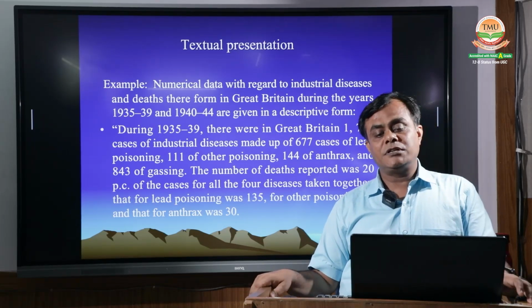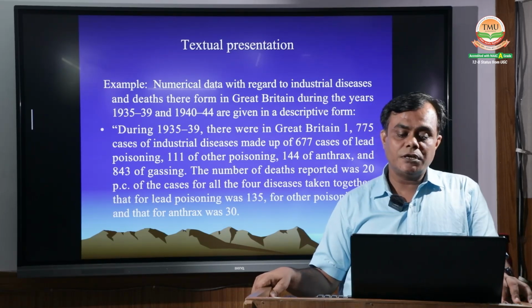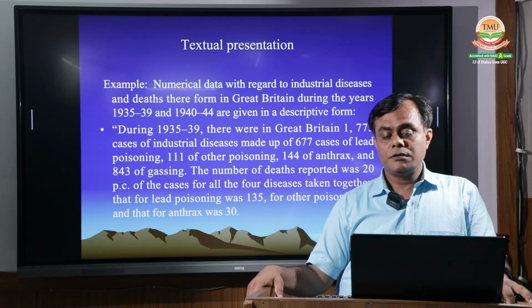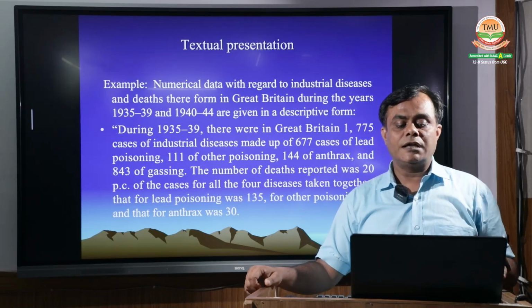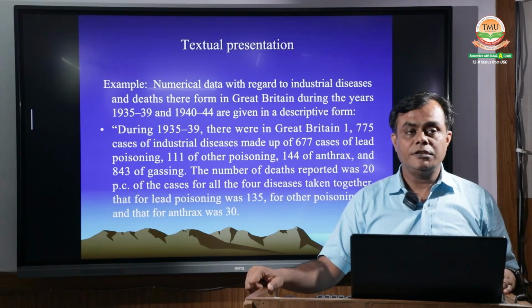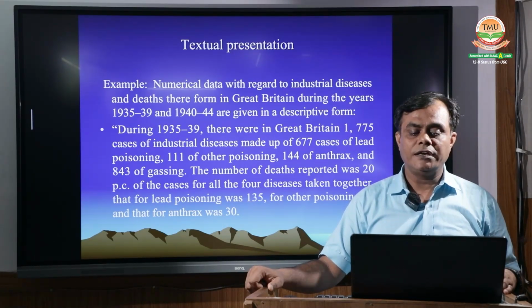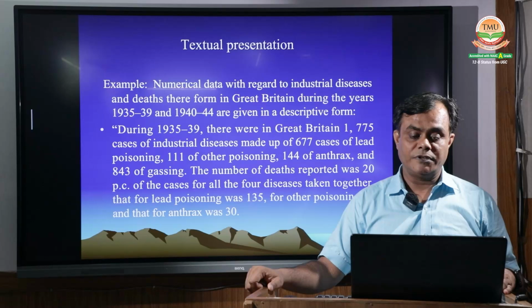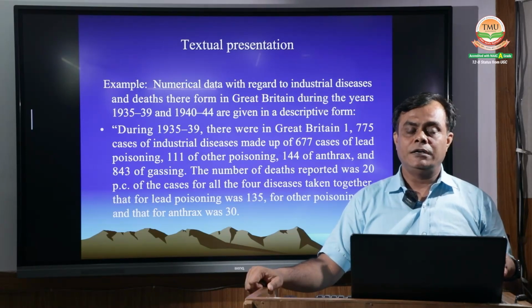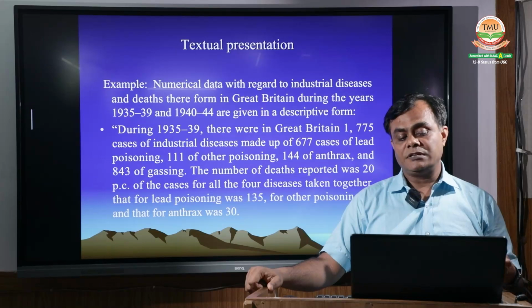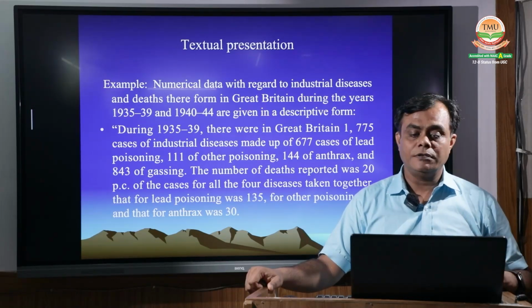For example, numerical data regarding industrial diseases and the deaths therefrom in Great Britain during the years 1935 to 39 and 1940 to 44 are given in descriptive format. That is the example given here in this slide.